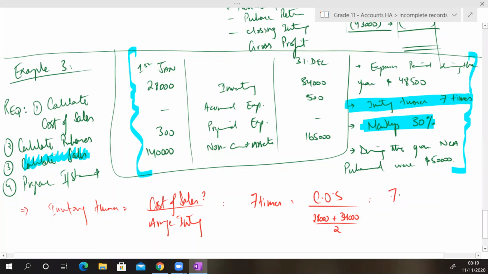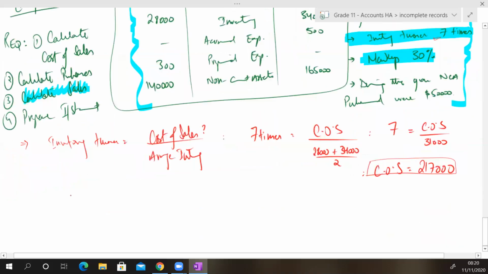So this would be 7 is equal to cost of sale upon the average of this. तो cost of sale would be 31,000 times 7 is 217,000. आगे cost of sales using inventory turnover.